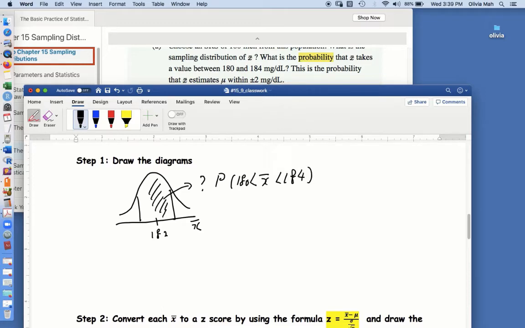So what's the proportion of all sample means that fall between these two values? To find that area, like before, we're going to rely on this z table, the z curve. The middle point is 0. This is 180, this is 184. So we have to find the corresponding z values. Make sure you draw these two diagrams.